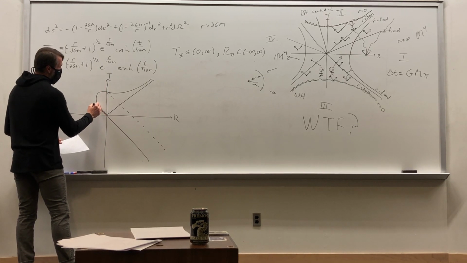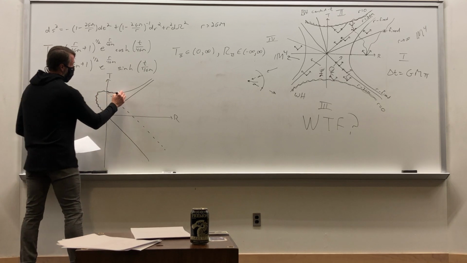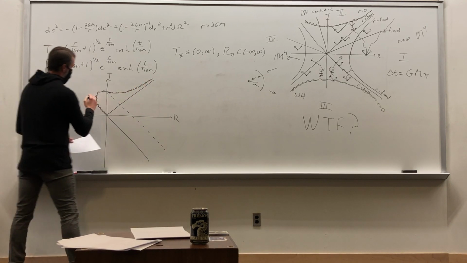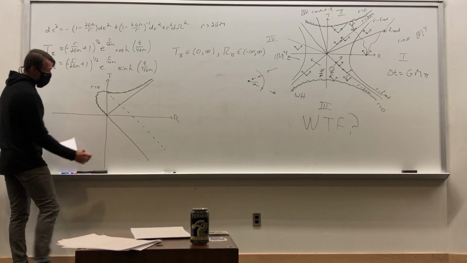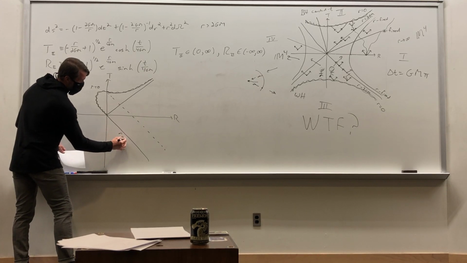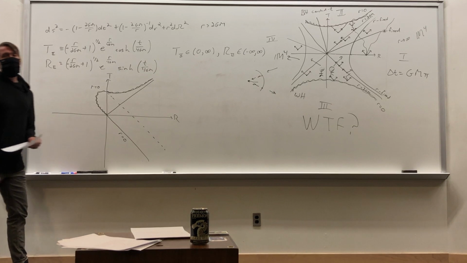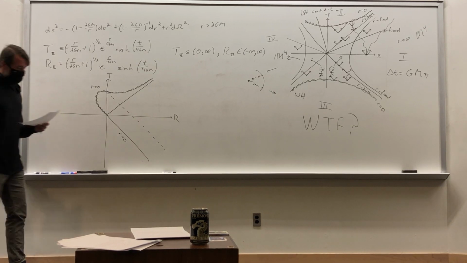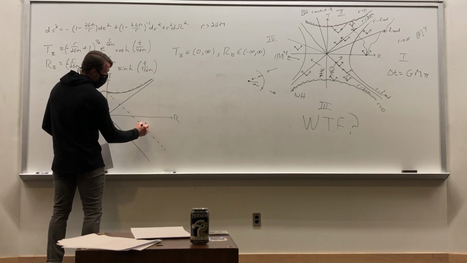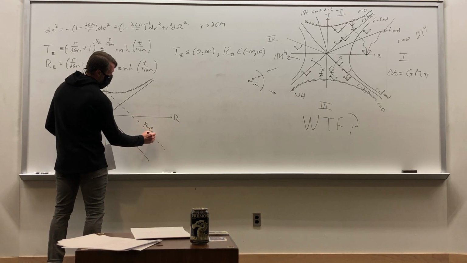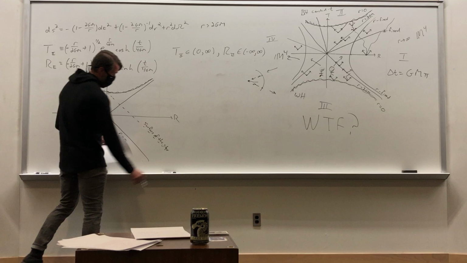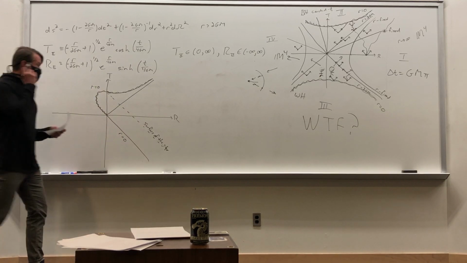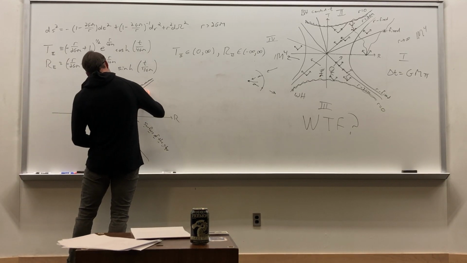So this guy right here is the r equals 0 singularity. This is also r equals 0. All right? This is the surface of the star, which will collapse and form a horizon.